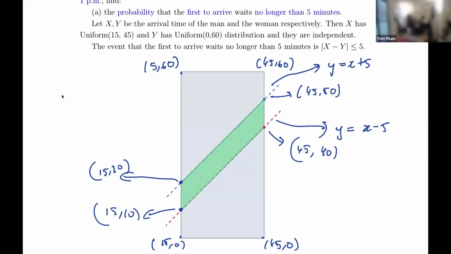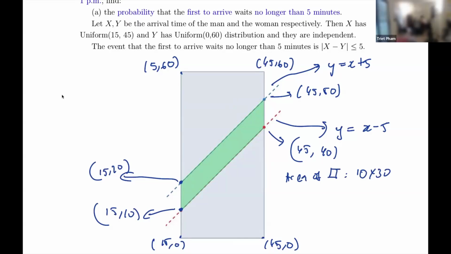Well, let's see. For a parallelogram, which is what it is, the area is base times height. That's really it. So the base is how long? 10, and the height is 30. So the area of the parallelogram is 10 times 30.